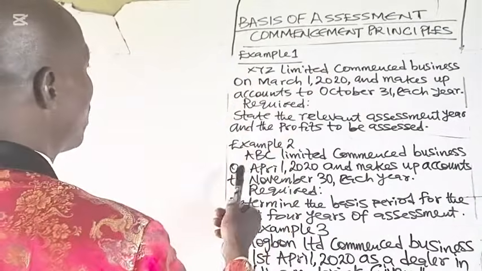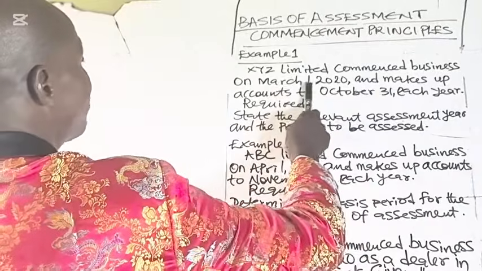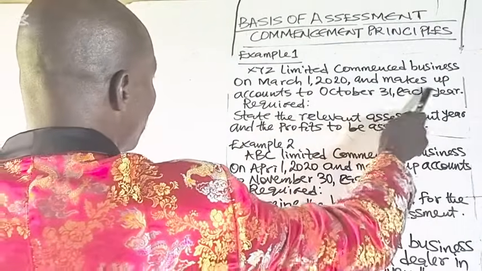Example 1. XYZ Limited commenced business on March 1st, 2020 and makes up accounts to October 31st each year.